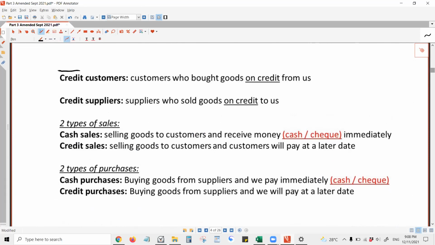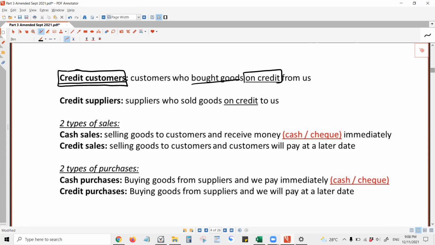First one, credit customer. Credit customer doesn't mean you go and credit the customer's account. This is a category of customer. We call them credit customers. So why do you call customers credit customers? Because they bought goods on credit from us.